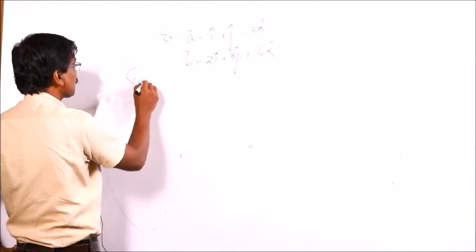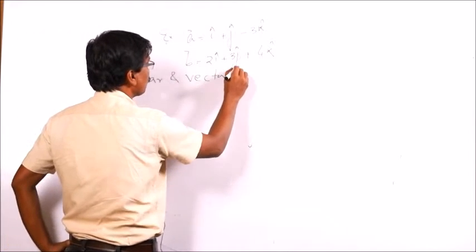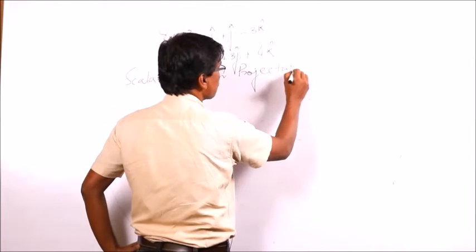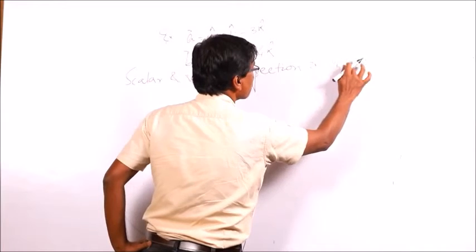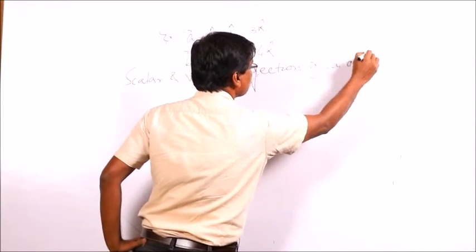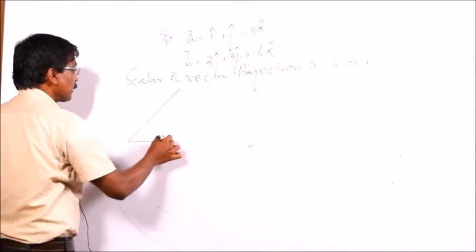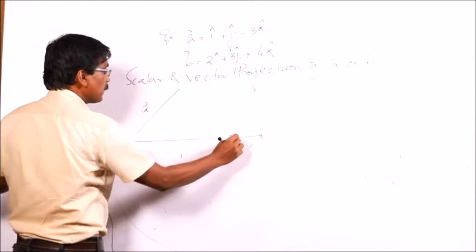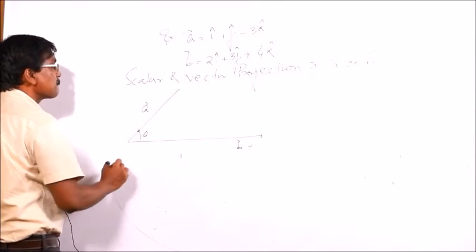And so, what is the scalar and vector projection of A vector on B vector? So, we can draw a rough diagram. Suppose this is A vector and B vector, and so the angle is theta.